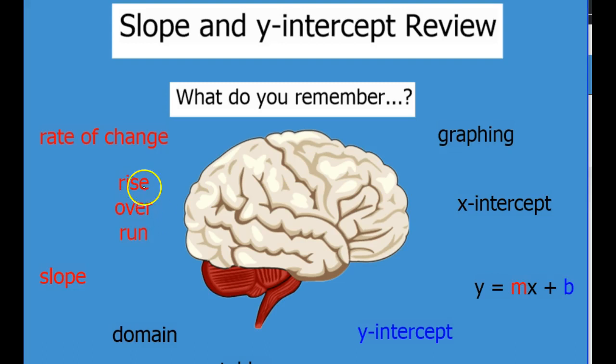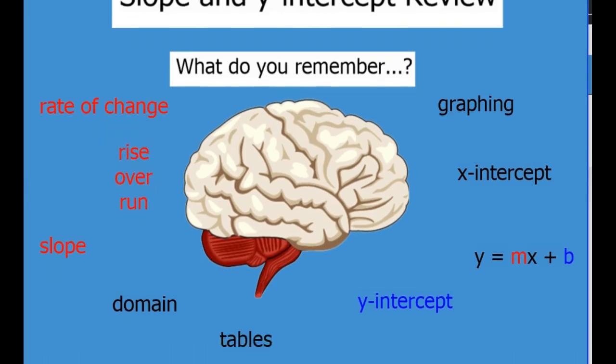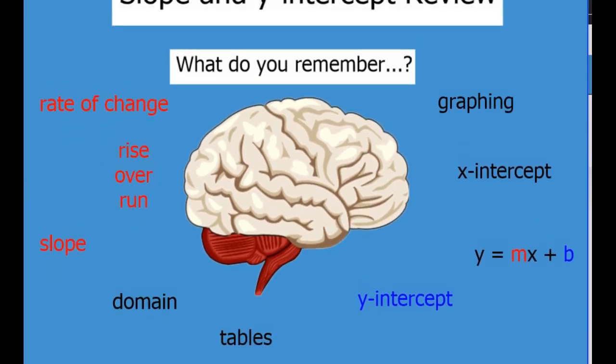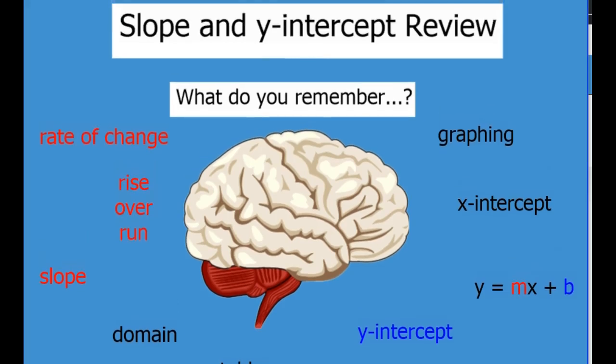Alright, so we did our first scientific notation lesson. Now we are moving on to our next lesson, which is slope. So just some words that have to do with slope that we're probably going to need to remember. Rate of change, that's what slope is, it's the rate of change. Rise over run, that's how we find m.